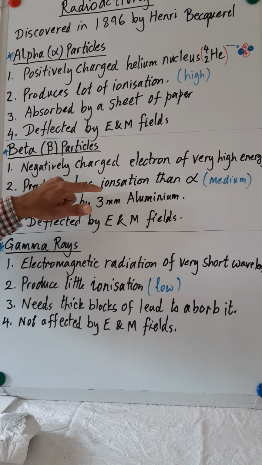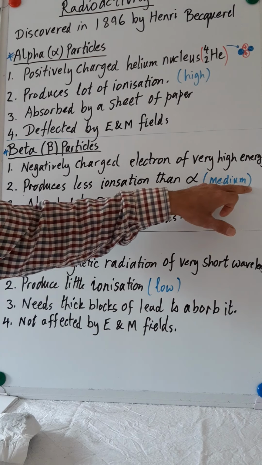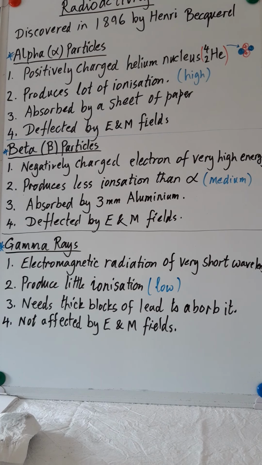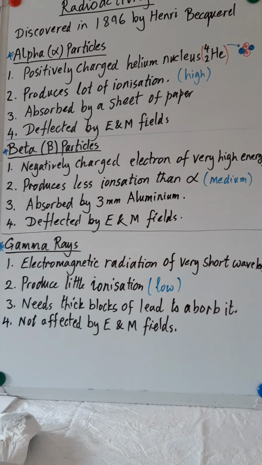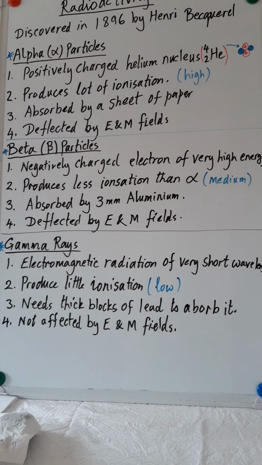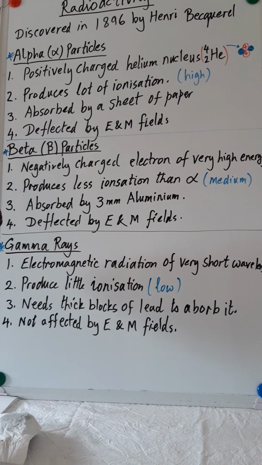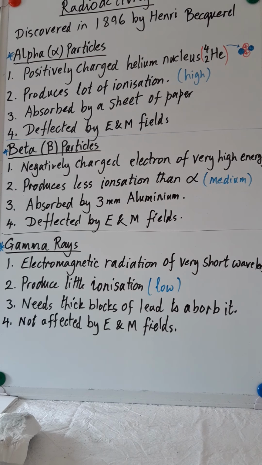Okay, its ionization power is medium. It's not as high as alpha. And we already said that it can be absorbed by about 3 millimeters of aluminium. It is also deflected by electric and magnetic field. Because it is negatively charged, it will be attracted towards the positive plate, okay, or it will be affected by the electric and magnetic field.